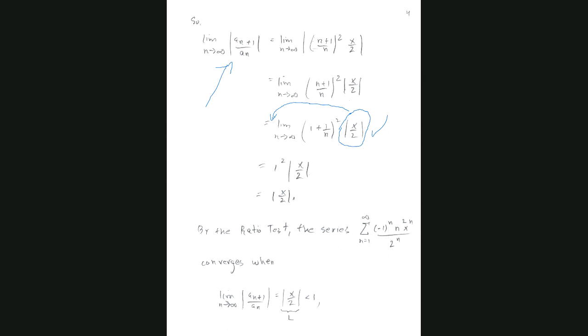X over 2 is your common ratio. So this power series does act like a geometric power series when n is large, whose common ratio is x over 2.